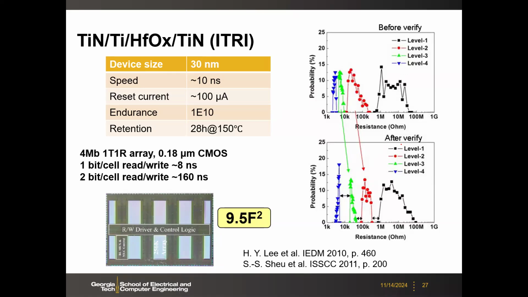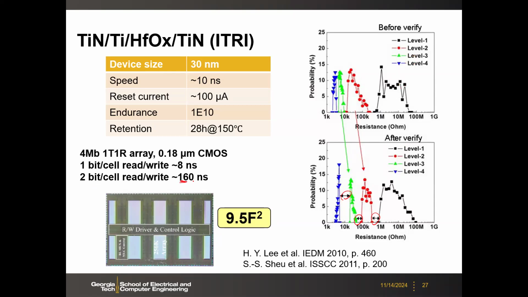It's not single pulse programming. You have to program it, read it, and reprogram it. After a few verification pulses, they can open the gap between the states and encode those levels. But because they have to apply additional pulses, the latency increases.